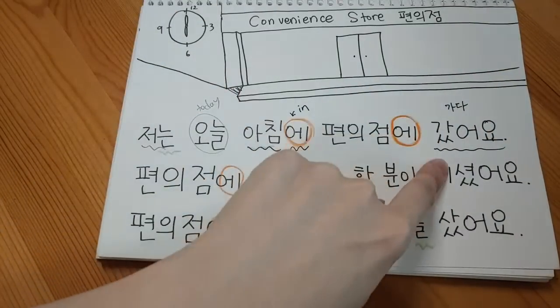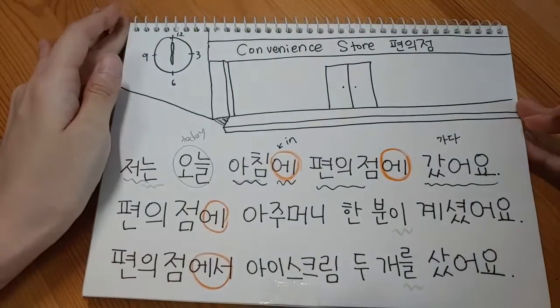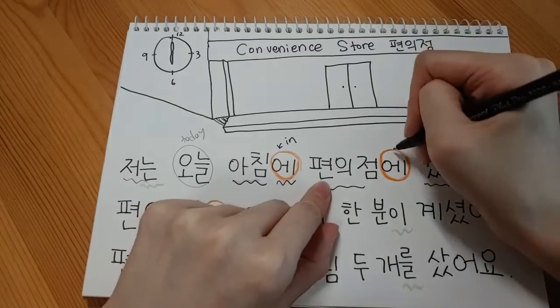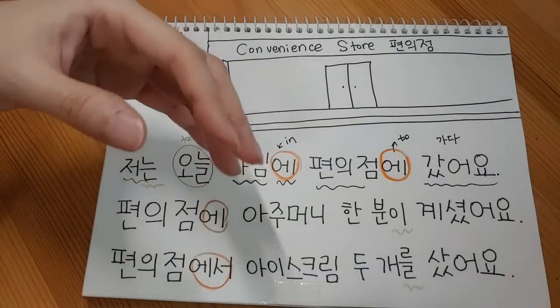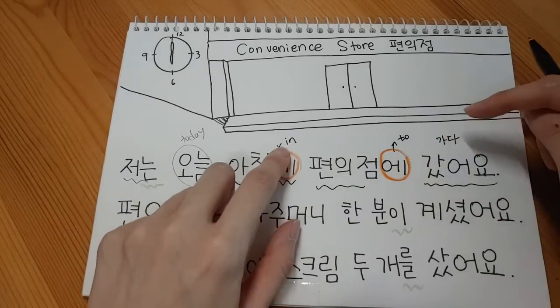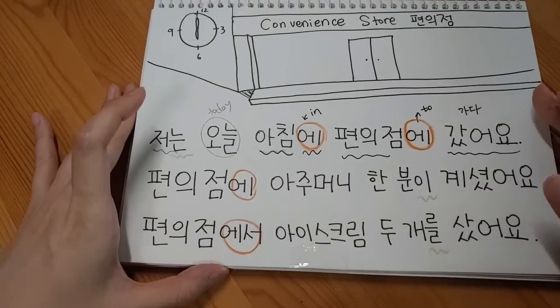So this means went, and 편의점 is a convenience store. So this means to a convenience store. Depending on the context, sometimes 에 can mean to and sometimes in. And like I said, we're going to go specifically into this afterwards.